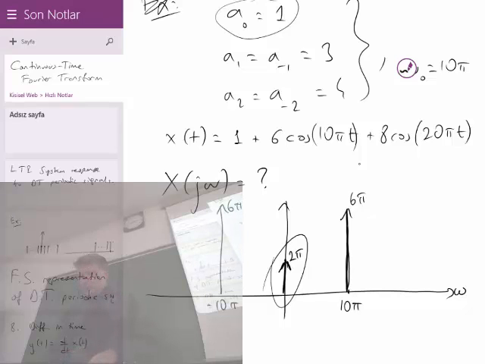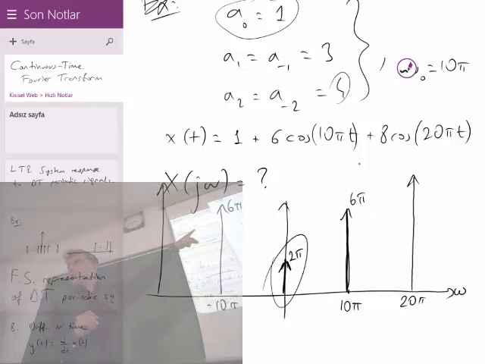And then we need 2 more impulses. Where are they? At 20 pi and at minus 20 pi. What are the magnitudes of them? It's 2 pi times 4? No. It's 2 pi times a2.